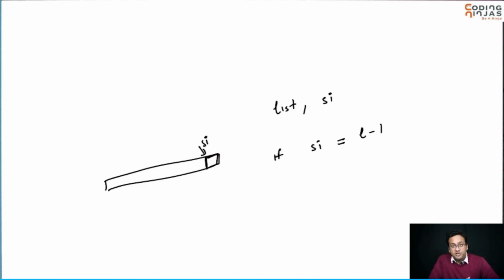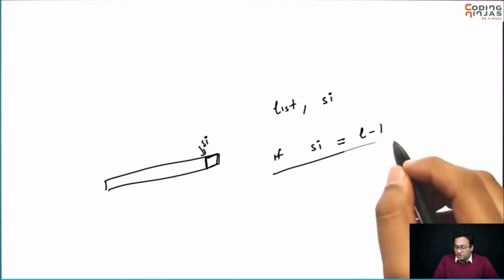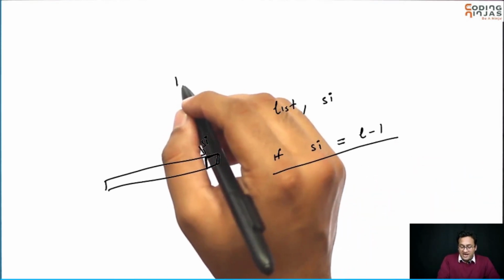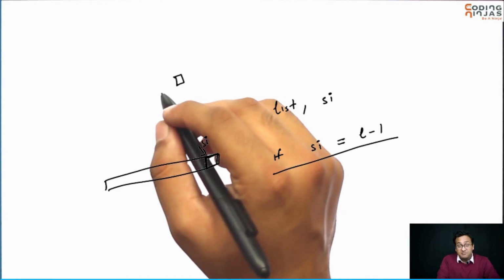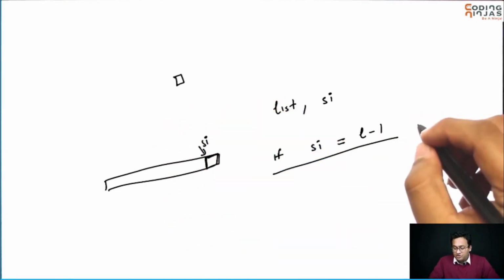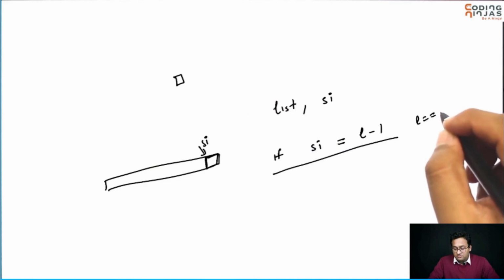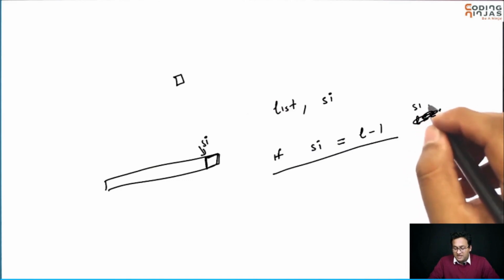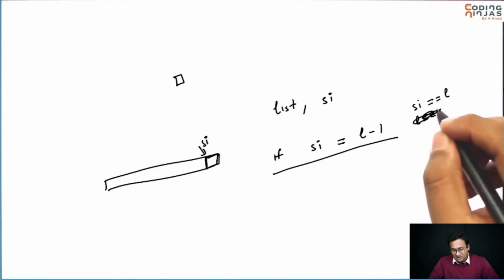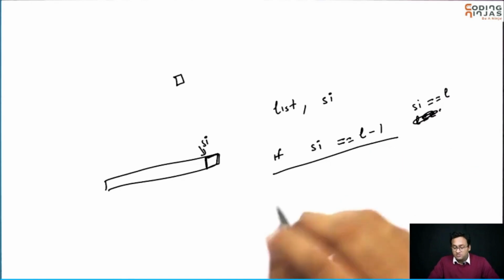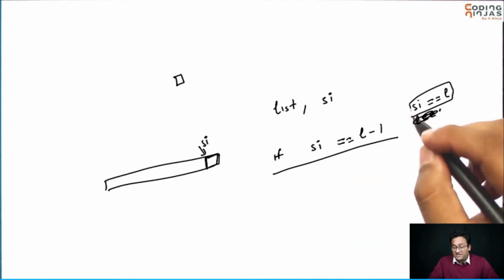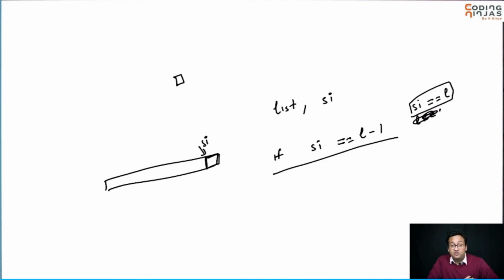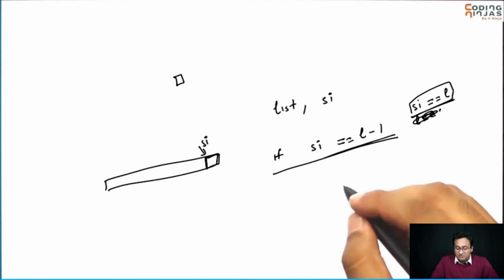You don't have to worry about it. So I'm going to do two things here. Just to handle the empty list case, I'm going to check if length is 0, or I can say if SI is equal to L or L minus 1. This is going to be a case only if you give me an empty list to start with. Okay, so if this or this is the case, then this is my base case. I'm going to return true.